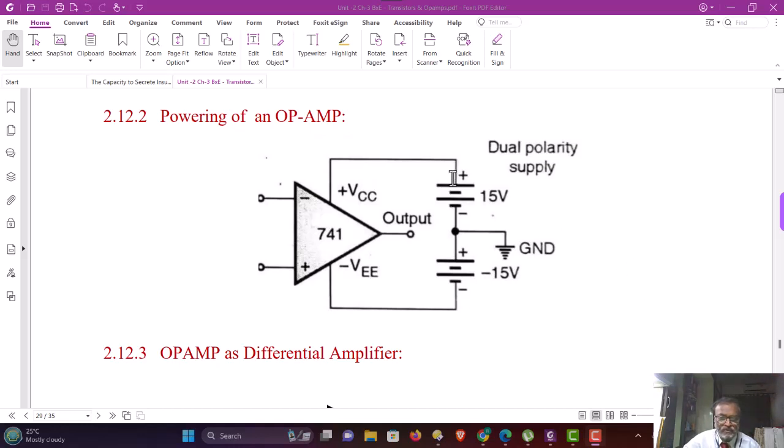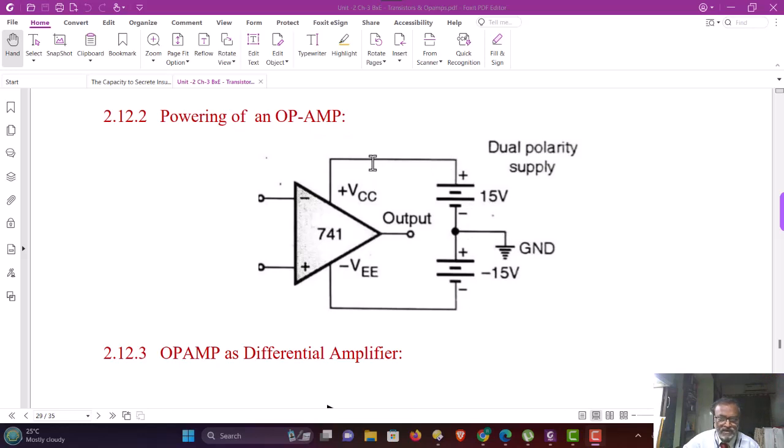Here, if you have a dual power supply, you have three terminals. This dual power supply normally consists of a pair of terminals per power supply. One is positive, another is negative. And the second power supply again positive and negative. To get the dual power supply from this, you have to connect the negative of the positive power supply to the positive terminal of the lower power supply and connect the common terminal shown here to the ground terminal.